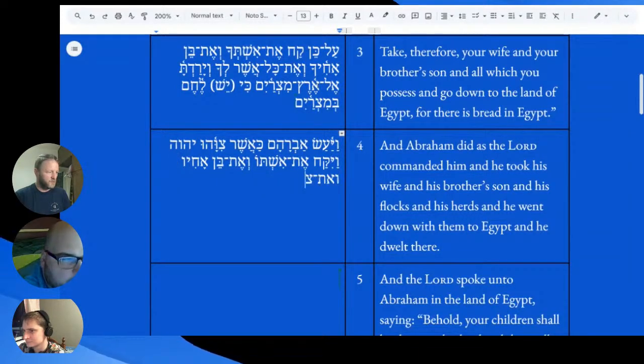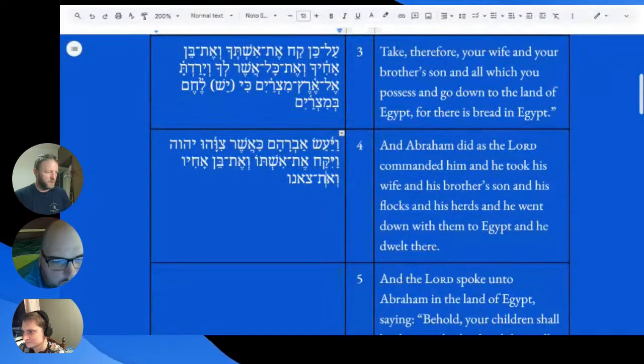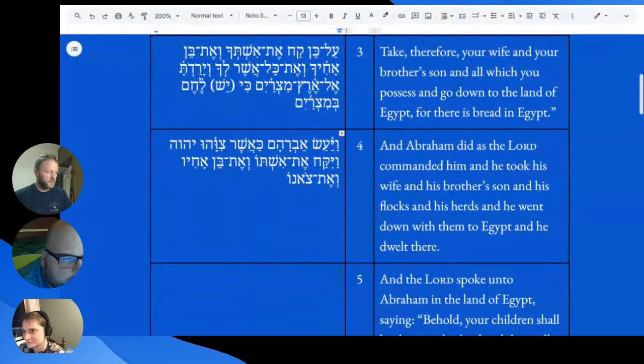Ve'et tzono. Tzon is a collective word. So it's his flock, his flocks. If we're going to use a collective for that one, we might also use a collective for the next one, which is herd. What is a herd made up of? A herd is cattle. Cows. Bakar.